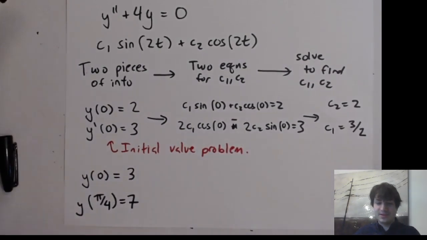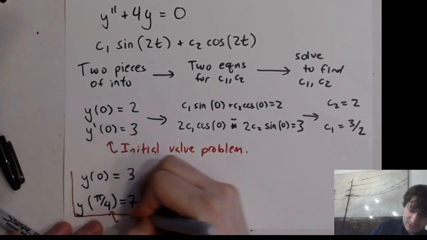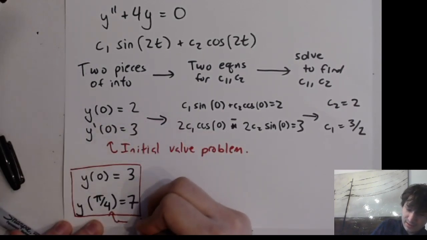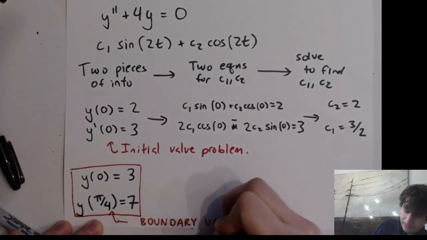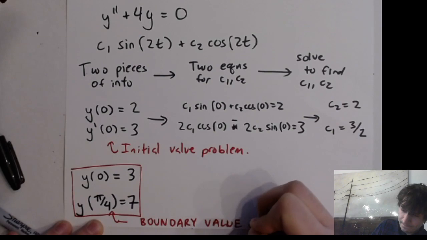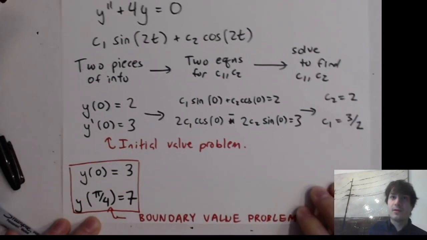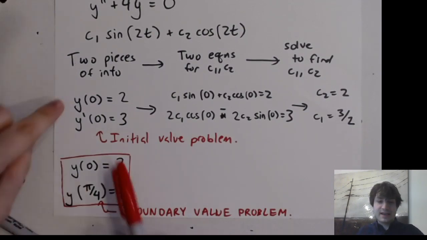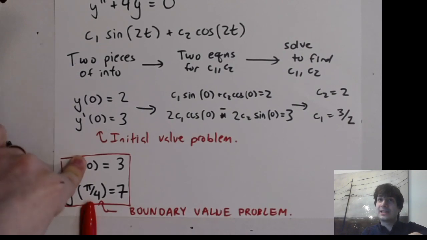This is called a boundary value problem. And that's what we're doing in chapter 10.3. The only difference is that instead of giving you the information at the same time, one is at time 0 and one is at time pi by 4. Two different time values.